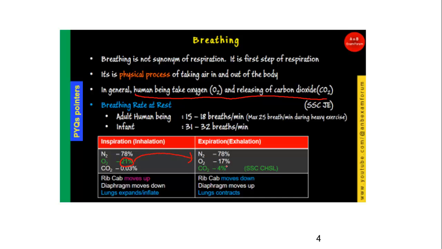So there is basically a 4% drop, and the carbon dioxide which is present in the atmosphere at 0.03% increases to 4%. In this process you have different changes: the rib cage, diaphragm and lungs expand, the rib cage moves up and the diaphragm moves down. All such pointers we have seen in theory class, and I am not going to repeat them once again.